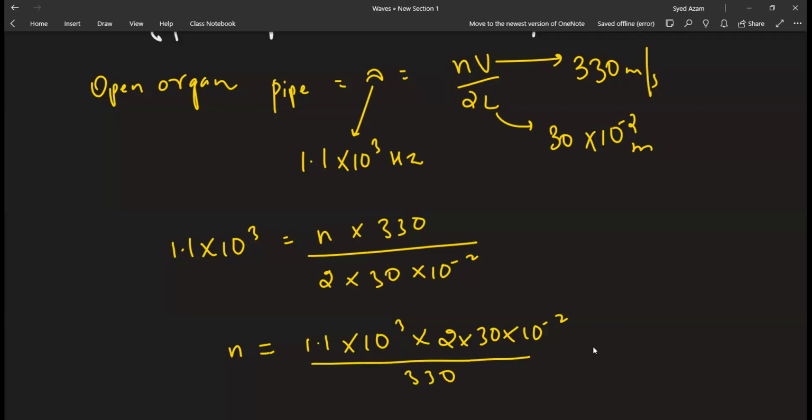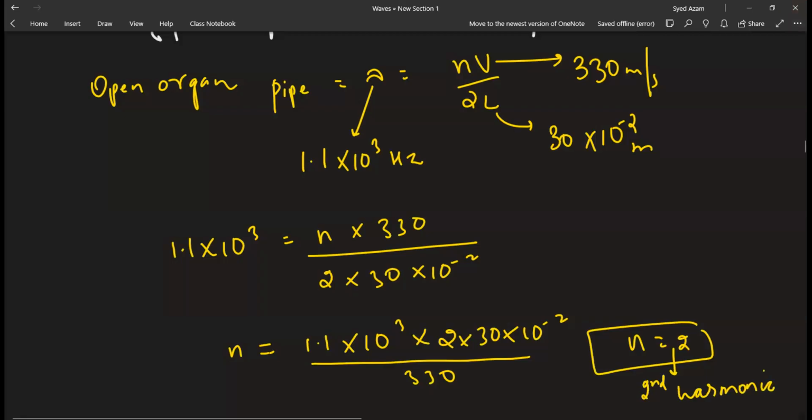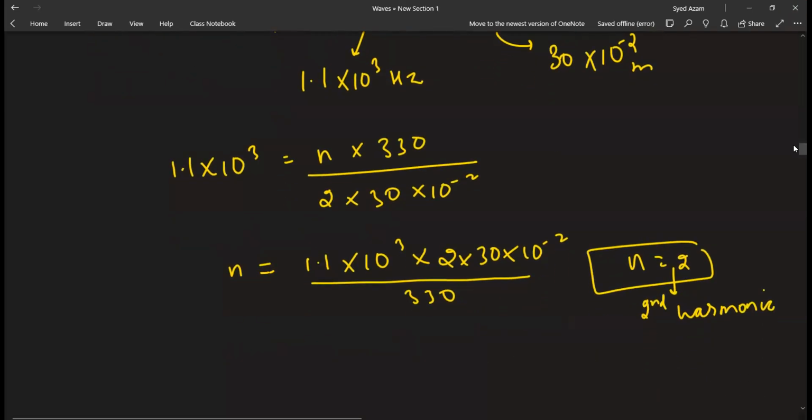This will be most probably 2, the second harmonic. But please cross-check while writing. Second harmonic.